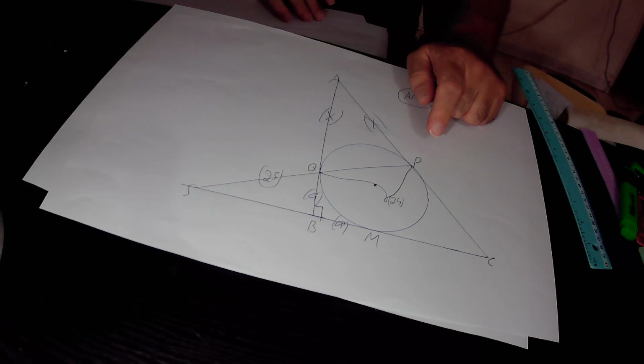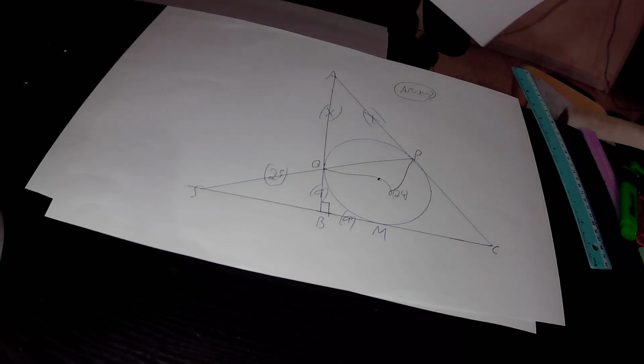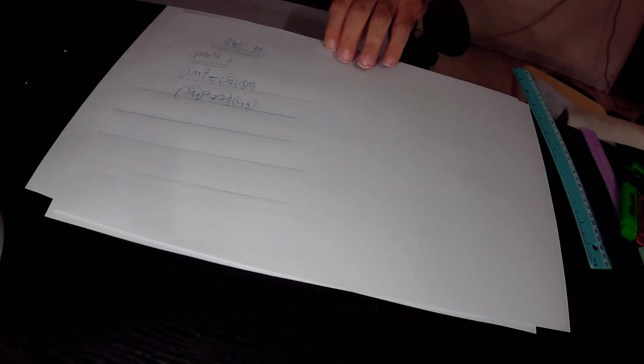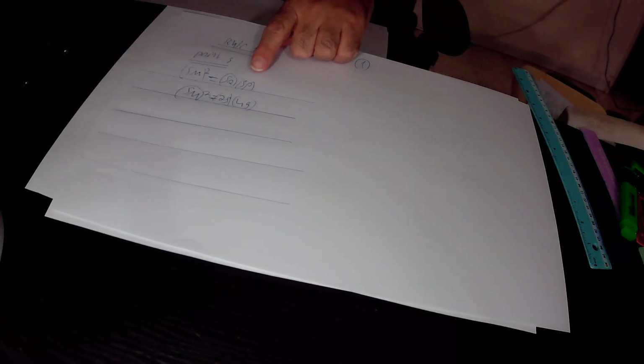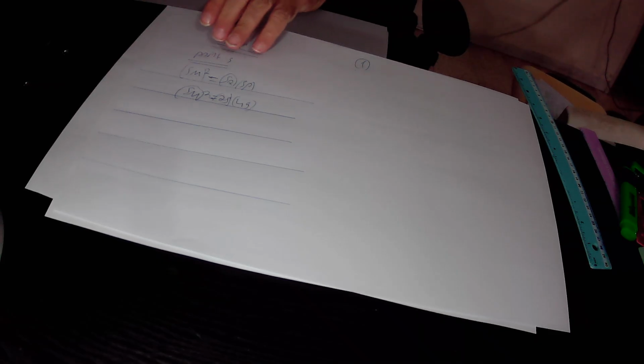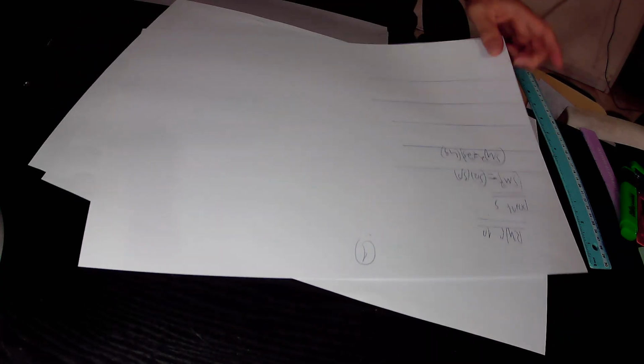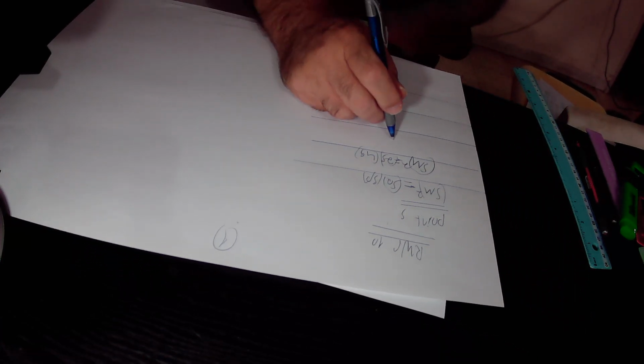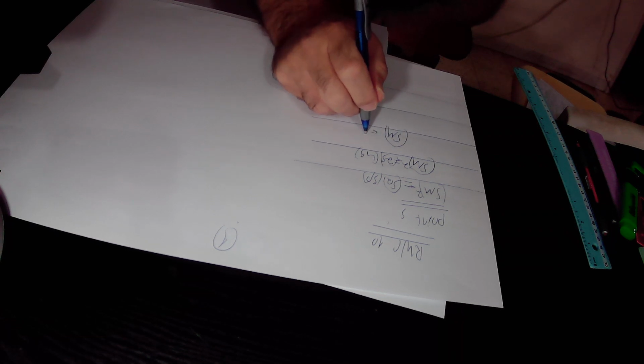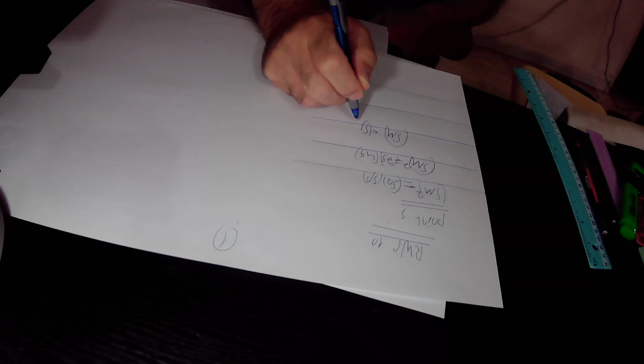So in total, SM squared equals 25 times 49. Taking the square root of both sides, SM equals the square root of 25, which is 5, times the square root of 49, which is 7.